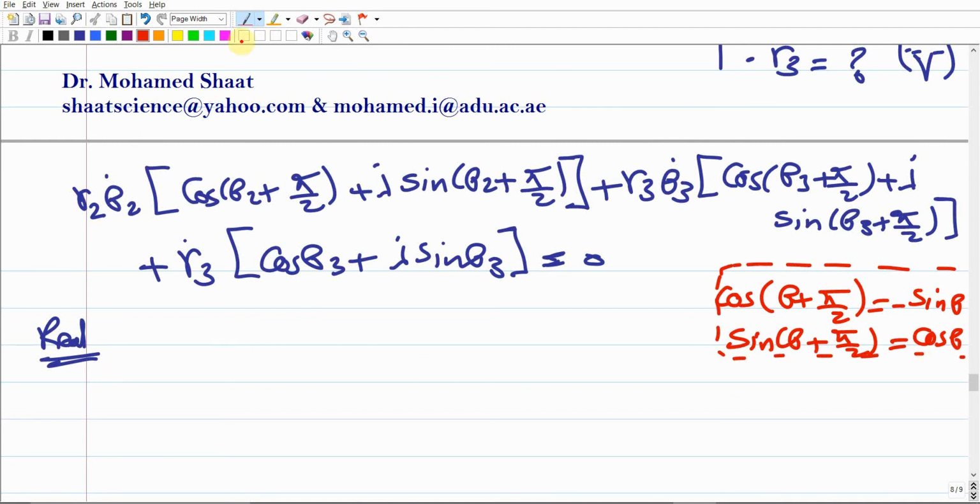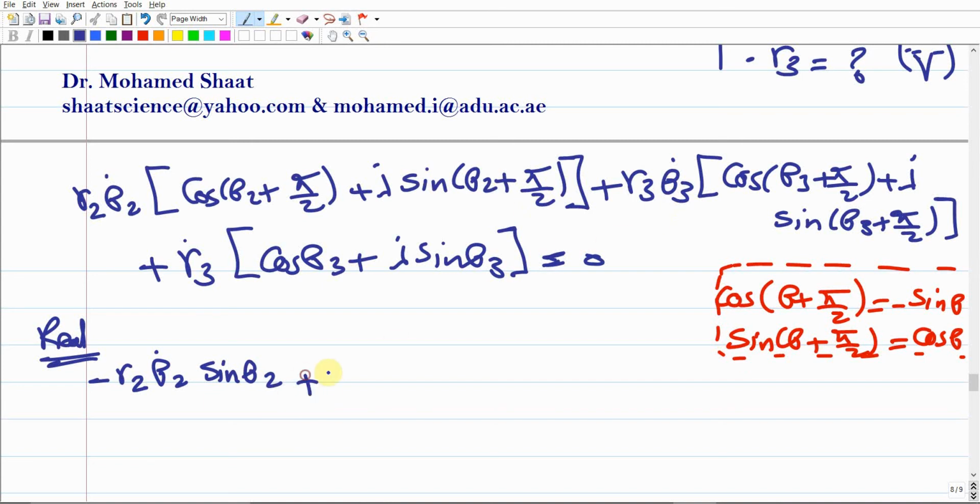So in the real part, we have R2 theta 2 dot. The cosine of theta plus pi over 2 gives negative sine theta, so let me double check here, yes, this gives us the negative of sine theta 2, and the imaginary term we skip.